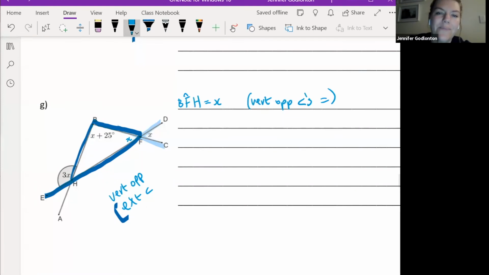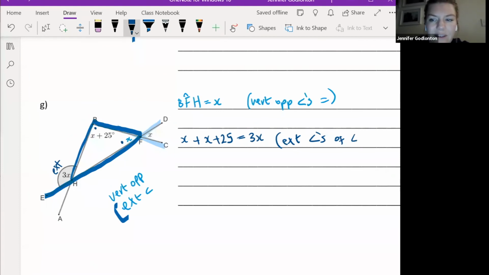What we have is an exterior angle and our 2 interior angles. So now we can say x plus 25 is equal to 3x because of exterior angles of a triangle.